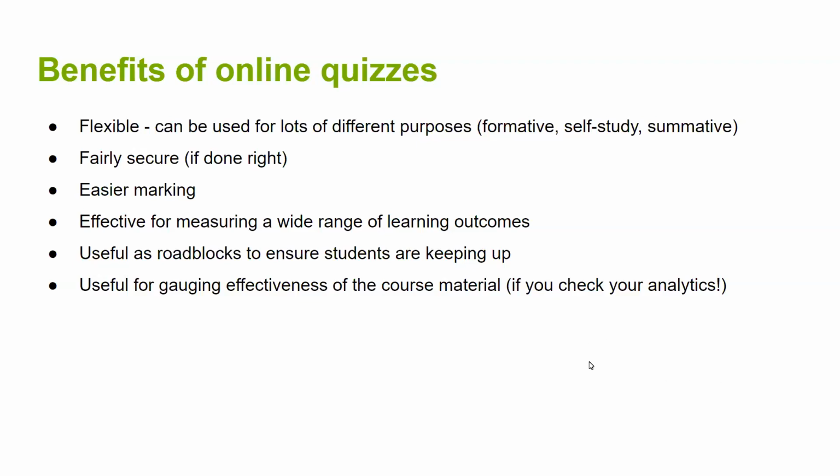And lastly, it's useful for gauging the effectiveness of your course material and whether students are learning what they need to learn. You can do this by checking the analytics on your course. We do have an item analysis webinar next week that we would like to encourage you to attend to make use of the analytics more effectively.